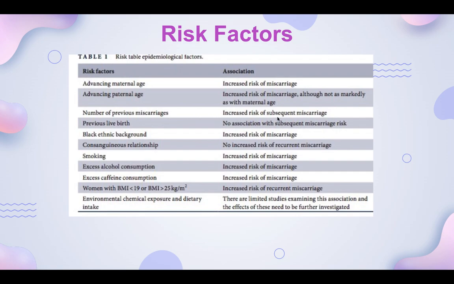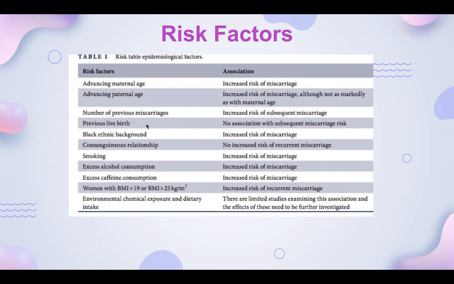It increases the risk of subsequent miscarriages. Whenever there is any sporadic miscarriage or any other miscarriage, the risk of miscarriage in the next pregnancy is definitely increased. So as the number of previous miscarriages increases, the risk of subsequent miscarriages is also increased.